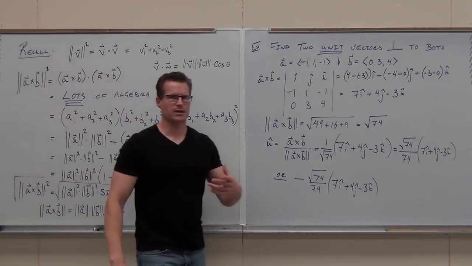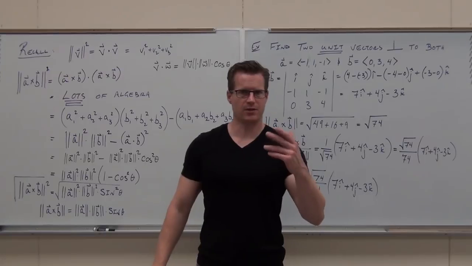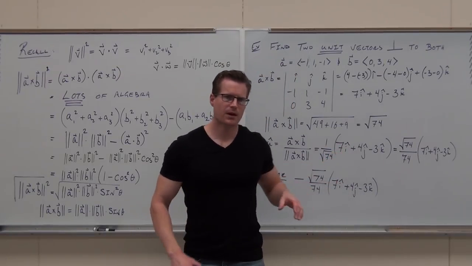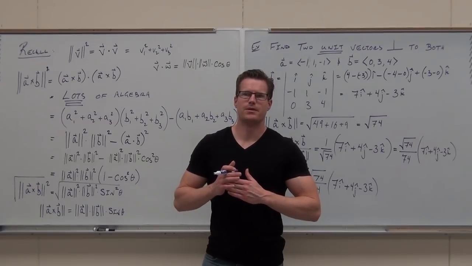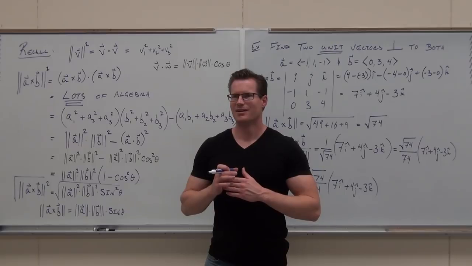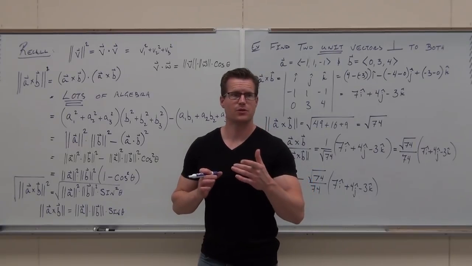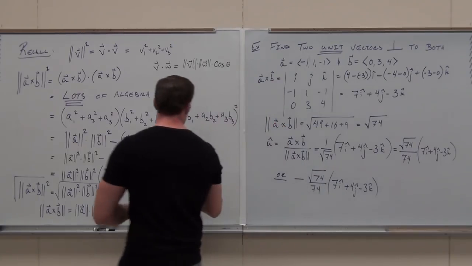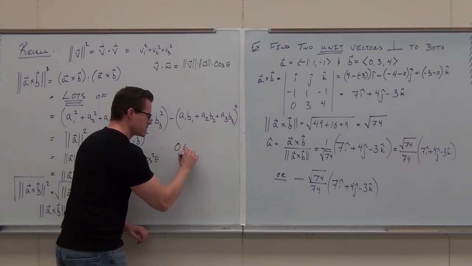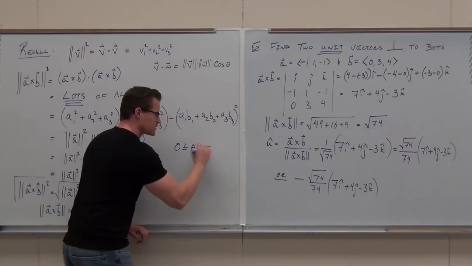But if I square root both sides, if you're wondering if that's legal, why the sign stays positive and I don't have the plus or minus, I need you to think back to the definition that was right over here. For cross products, theta is between 0 and pi.